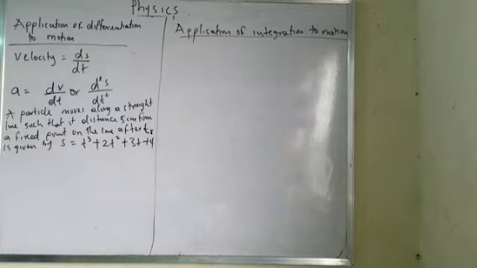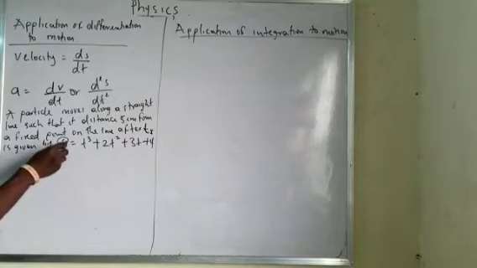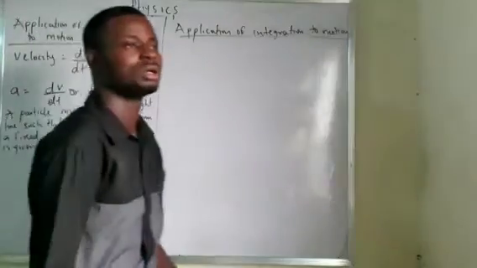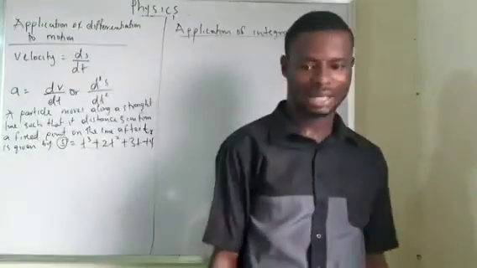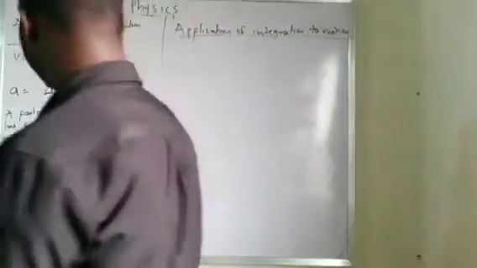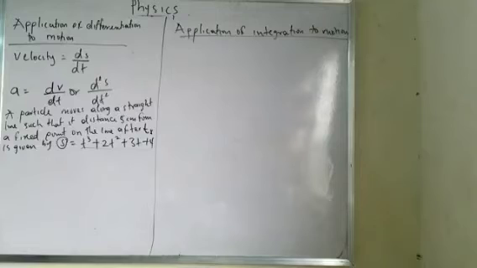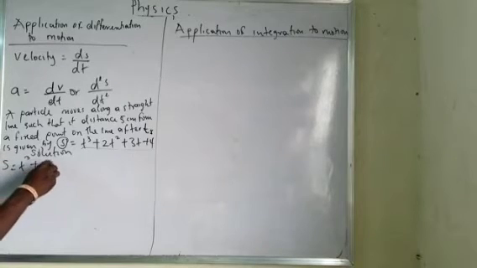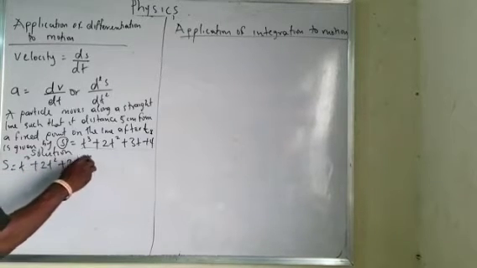Now, look at this. Here is the equation relating displacement and time. If I'm looking for the velocity, my displacement is t cubed plus 2t squared plus 3t plus 4.